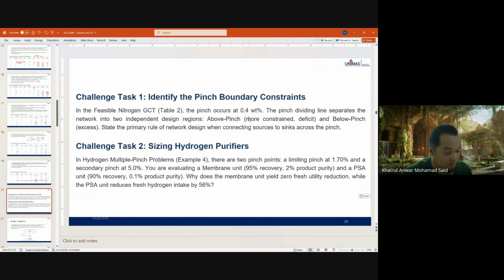Two, level four, the pinch dividing line separates the two main design regions of the pinch, above or below the pinch. Step: the primary rule of network design when connecting sources to sinks across the pinch.